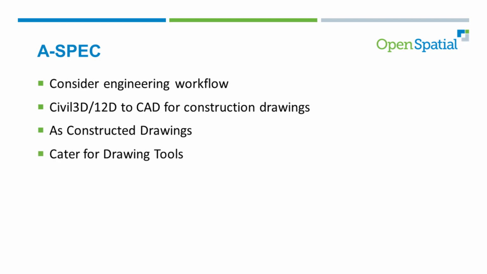Part of that is then catering for the drawing tools that people use in the field, and that is where it is important to say, okay, we're looking for data in a specific format. So ADAC is asking for it in XML. Officially, A-Spec is using MIF and shapefiles, but it is important to be able to deliver the information in the right format, but also enable the people to give it to you.